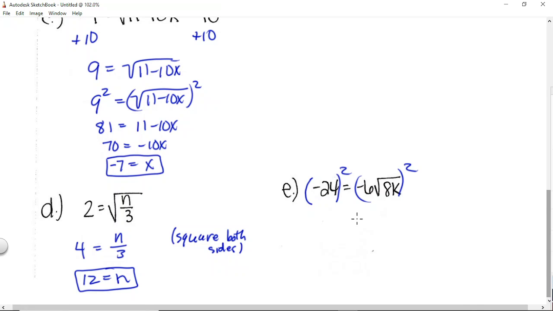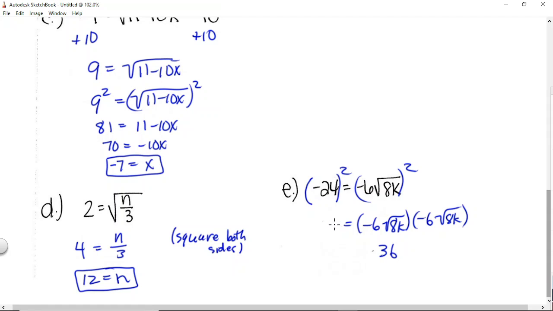When we square that on the right, what that is, is negative 6 times the square root of 8k times negative 6 times the square root of 8k. And negative 6 times negative 6 would be positive 36.